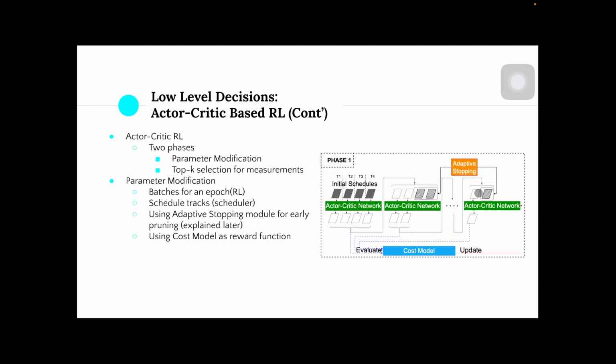This whole process is called an epoch of the batches in the reinforcement learning language, and they are also called schedule tracks in the scheduler's context. In this process, we use an adaptive stopping module to early prune the batches, which will be explained later. In the meantime, we also use a cost model to estimate the reward function. The rewards are used for the training of the actor-critic network in the backpropagation path.